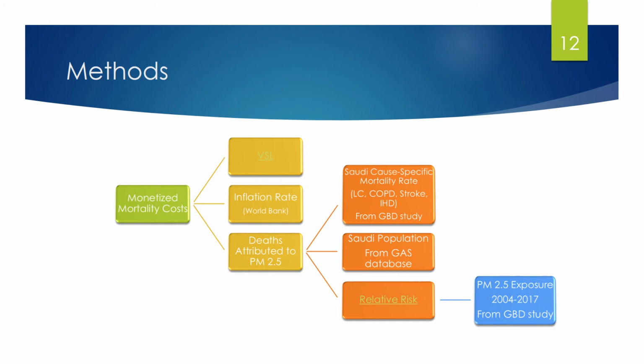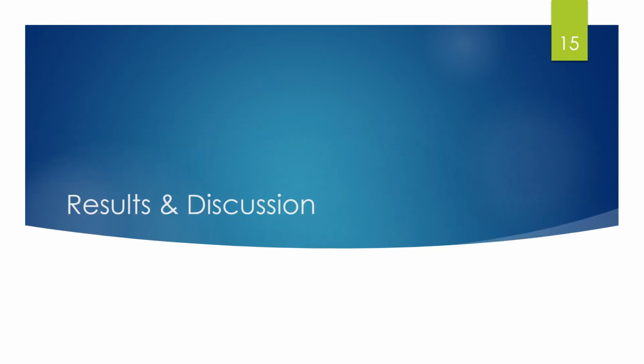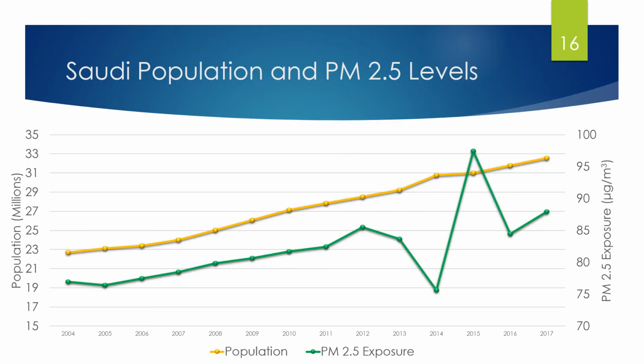So with these methods as they are, we're going to look at the results of the study. What this figure shows is the level of PM2.5 concentration in the green line from 2004 to 2017.